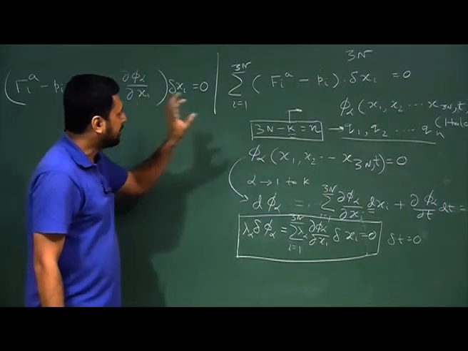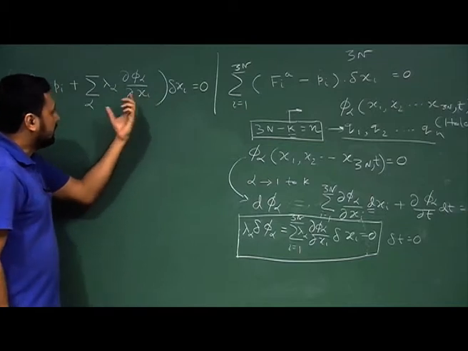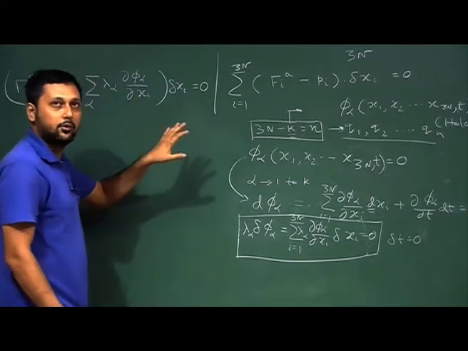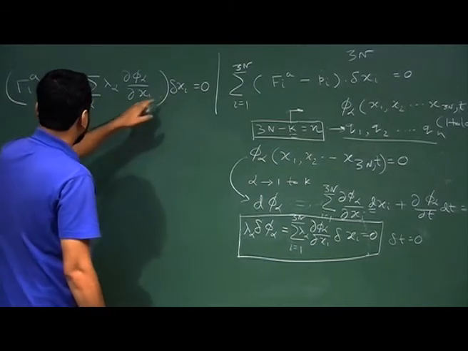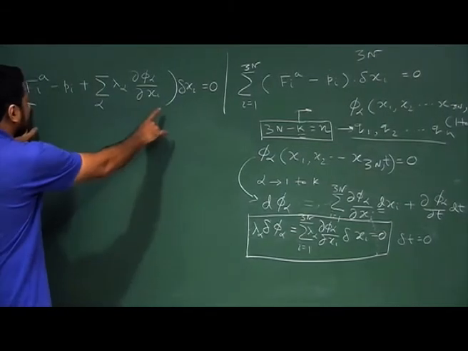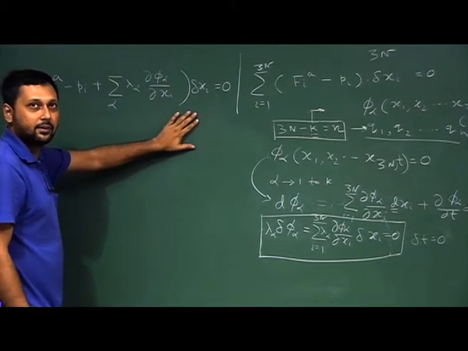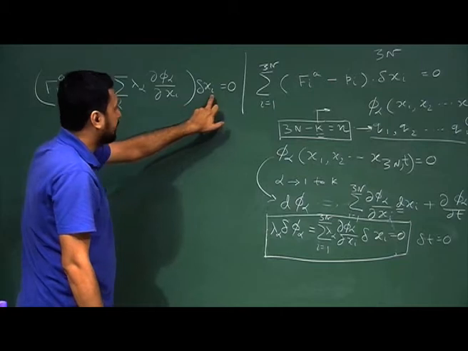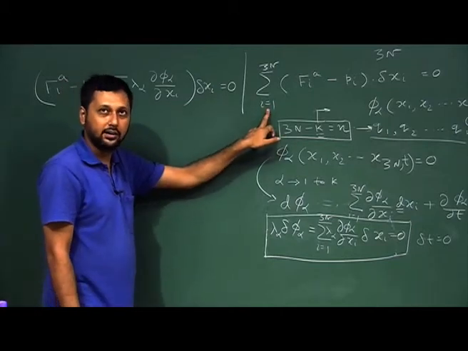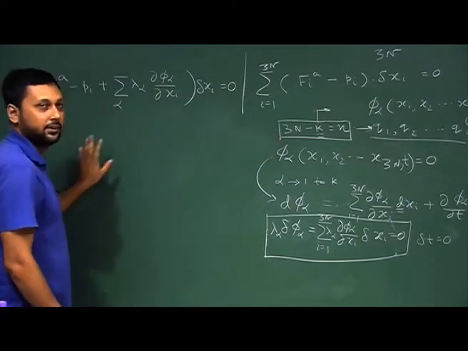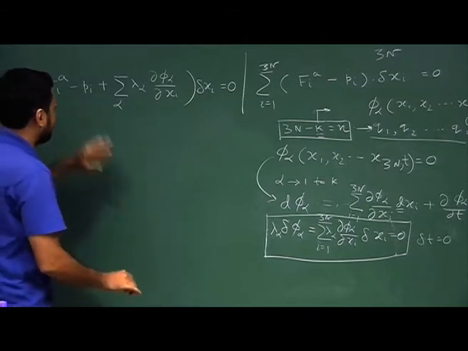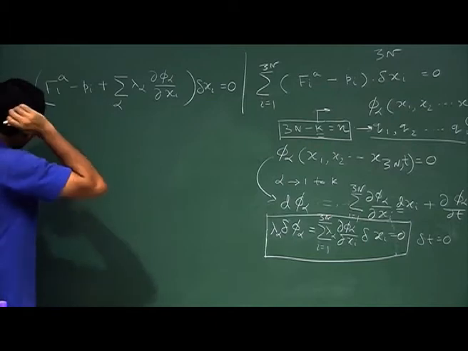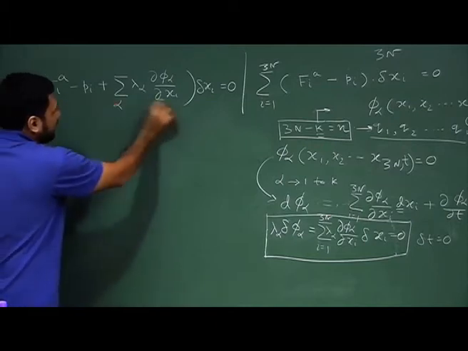So if I can somehow get rid of k number of relations from this relation. By the way, I am just switching to Einstein's summation convention. As i is a repeated index, the summation is implemented over i, so I am not writing it explicitly. It is very difficult to write the summation every time, so we will just follow the summation convention. So this means there is a summation over i.